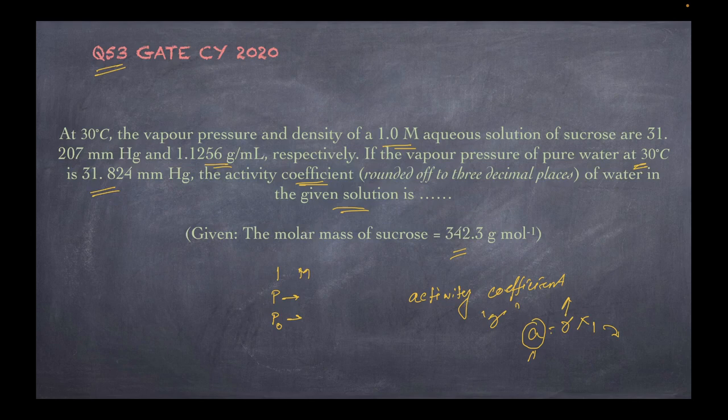So we have to find this gamma. That means gamma equals a divided by x1. So first we have to find the activity a, then we have to find the mole fraction chi1, then we can divide a by chi1 and get the value of the activity coefficient gamma.